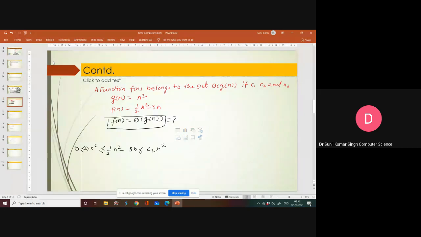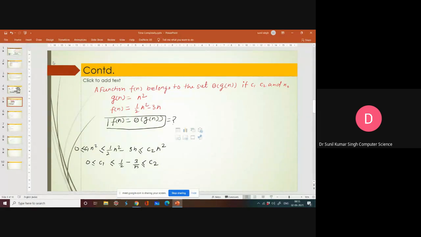So just divide both sides by n square, so it will be C1 less than or equal to 1 by 2 minus 3 by n less than or equal to C2.